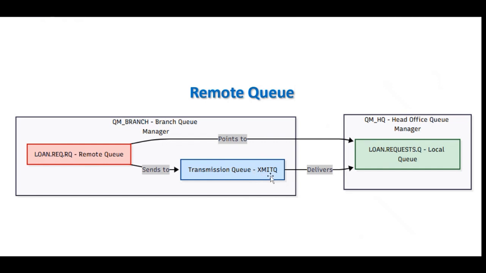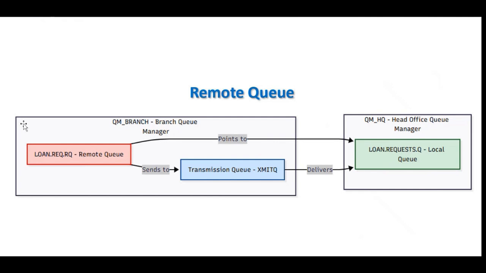So this is XMIT queue. So here you see it points to QM HQ queue manager and loan request queue, the local queue which is local to the remote queue manager QM HQ. So these details are configured in the remote queue.